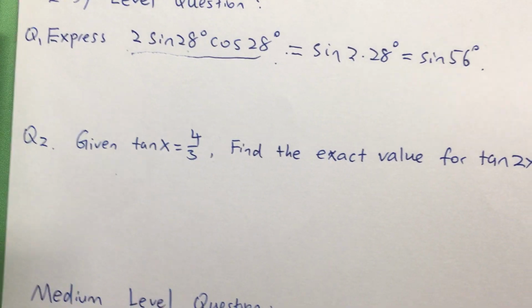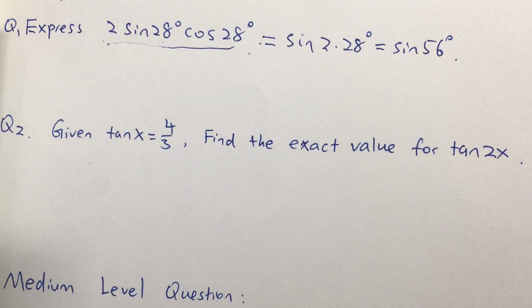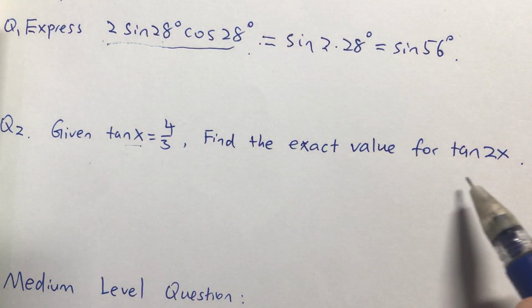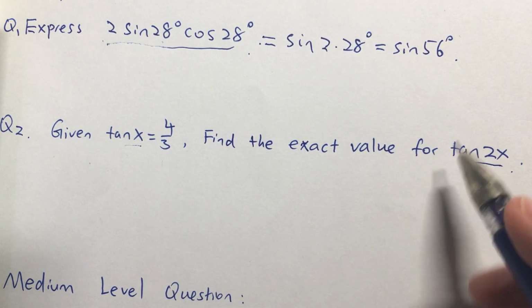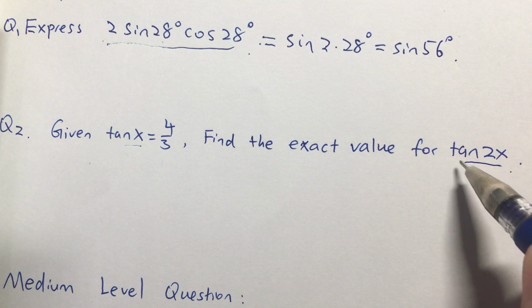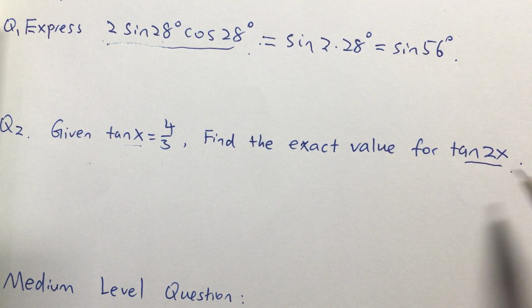Question 2: given tangent x equals 4 over 3, find the exact value of tangent 2x. Here is tangent x, and here is tangent 2x. We know the value for tangent x, which means we should try to simplify tangent 2x into the form of tangent x.